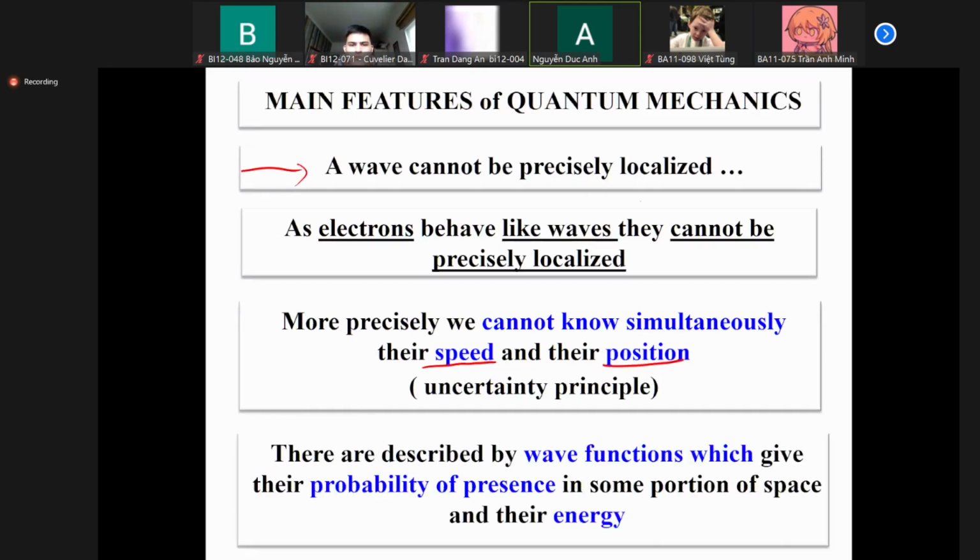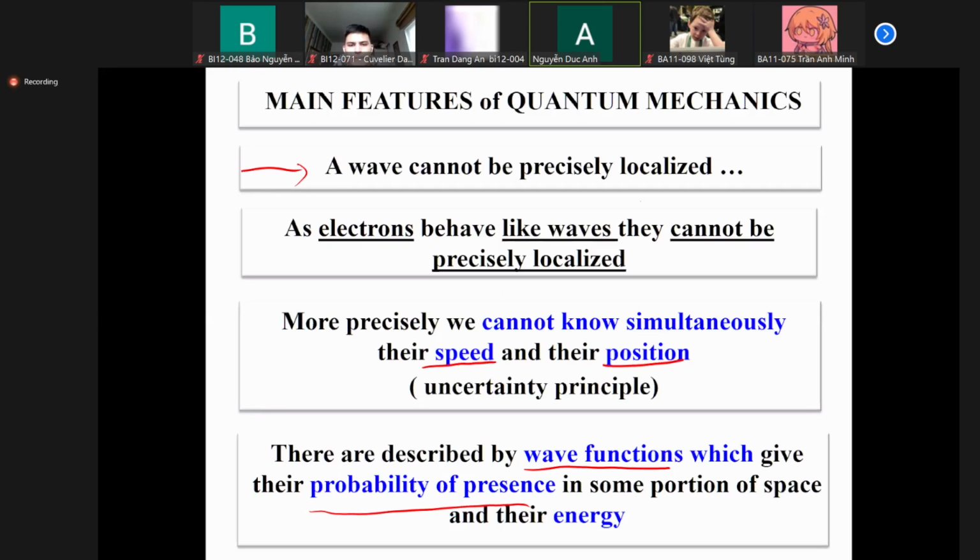And lastly, the wave function. The wave function shows you the probability of the presence of the electron in some portion of space, and also gives you the information about the energy of that electron.